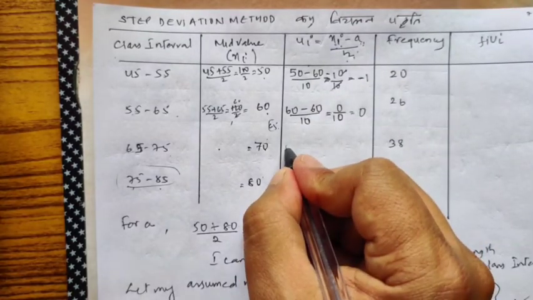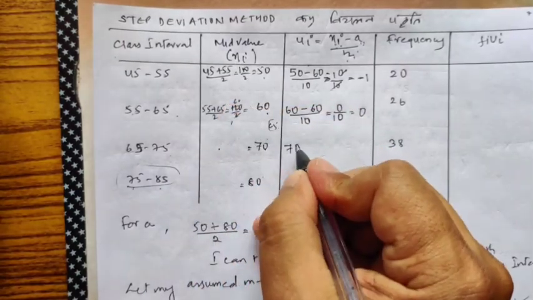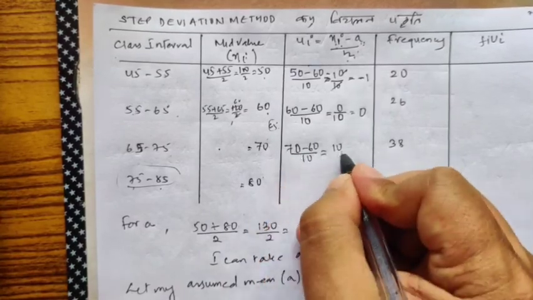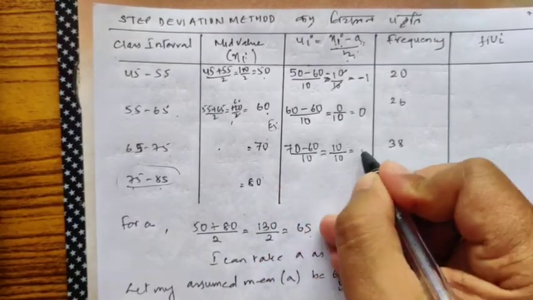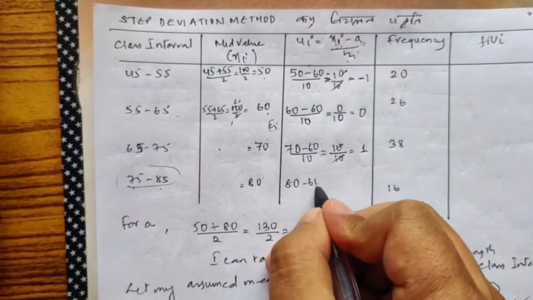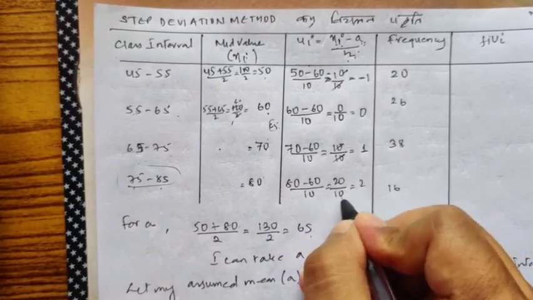Again, let's go to the third one, xi. 70 minus 60 by 10. 70 minus 60 is 10, plus sign with the larger number, 10 into 1 times. 80 minus 60 by 10, 20 by 10, 2 times.